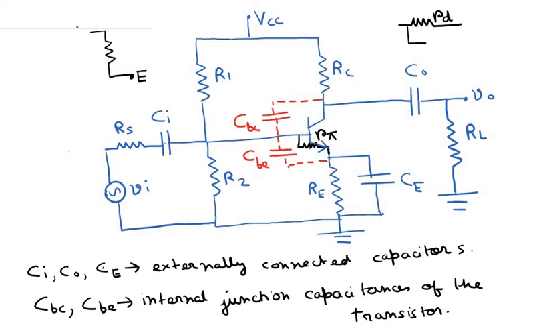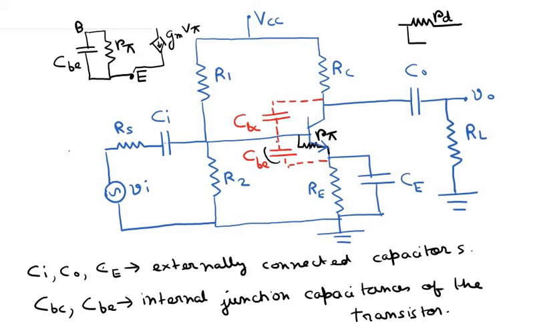So we have replaced the base to emitter junction by this small signal resistance R pi and the collector to emitter junction by this dependent current source gm v pi. If this capacitor provided a finite impedance, then we had to put this capacitor in parallel with the resistance R pi in the small signal equivalent model.